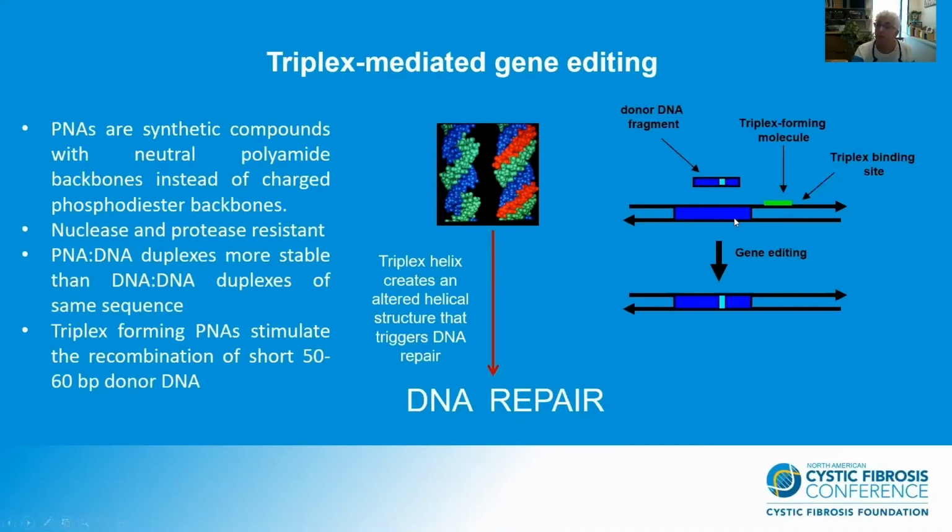You design them to target an area that is very close to your mutation, and then by providing donor DNA fragments, you allow this triplex-forming molecule to alter the helical structure of DNA, triggering the endogenous repair systems of your cell to repair that DNA, and through recombination we wind up with gene editing.